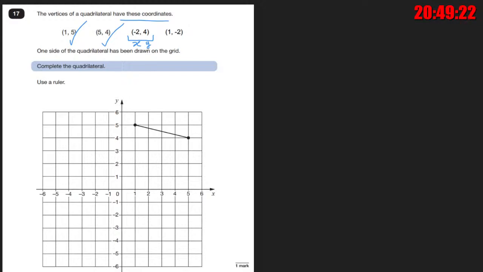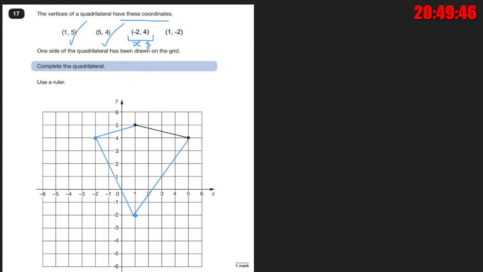So minus 2 and 4, and this is the point. And 1, minus 2: x coordinate 1 and y coordinate minus 2. So you need to connect the line here and here and here, right? So that is the quadrilateral that is going to be drawn.